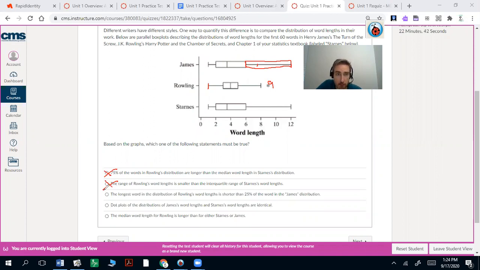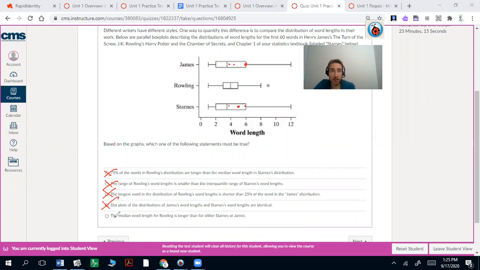So that is not true. Dot plots of the distributions of James's word length and Starnes' word length are identical. Just because you have the same box plot, what appears to be similar, doesn't mean that all the values are going to match up. Okay, there could be a value here, there, and there, but there might be values here, there, and there. So those aren't always going to be identical.